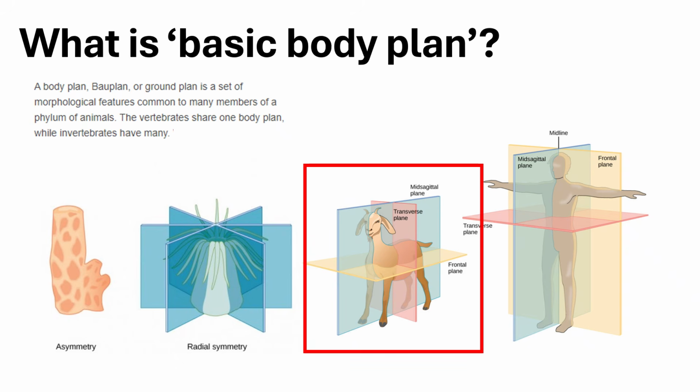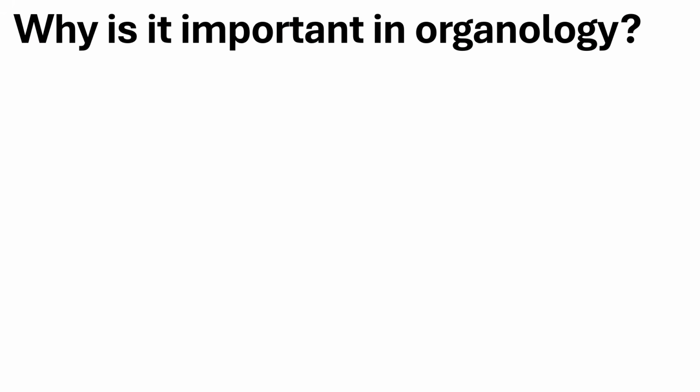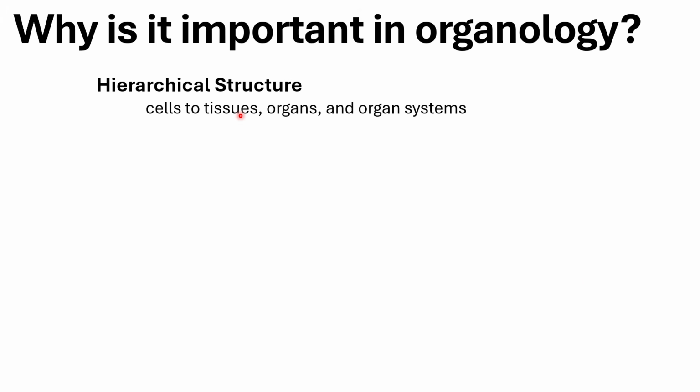Okay, so in our case, again, we will be talking more about the vertebrates, okay? So why is the basic body plan important? So first, we need to follow a hierarchical structure.